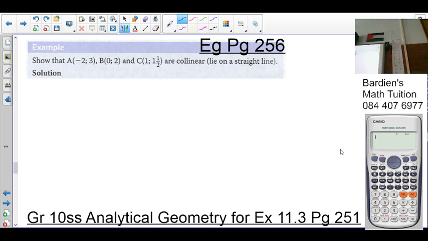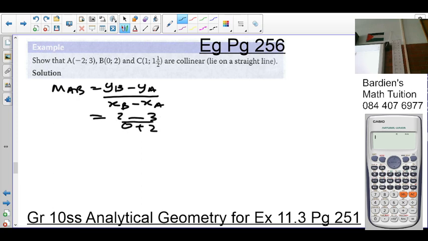Okay, so let's go. The gradient of AB is going to be yB minus yA over xB minus xA. yB is 2 minus 3 over 0 minus minus 2, which is negative half. Okay. So we can do the gradient of BC or the gradient of AC. So it's going to be 1.5 minus 2 over 1 minus 0.